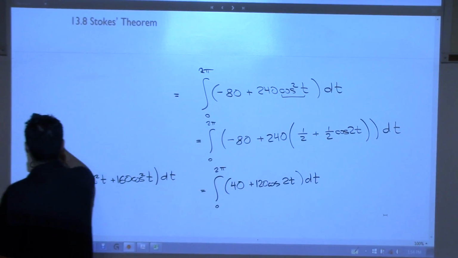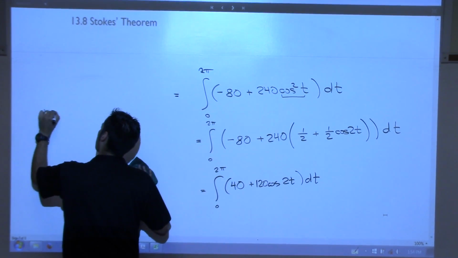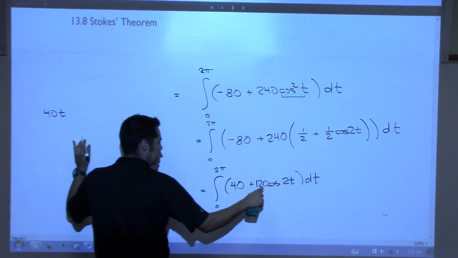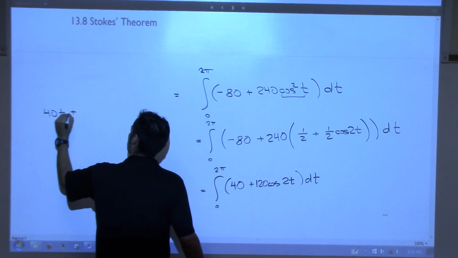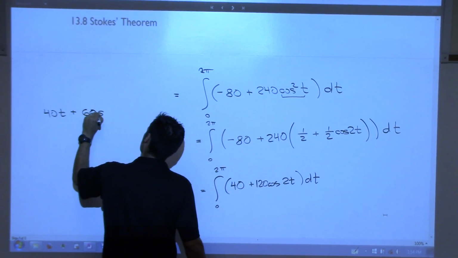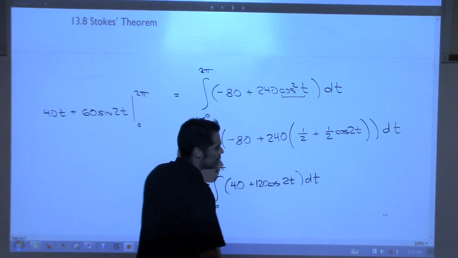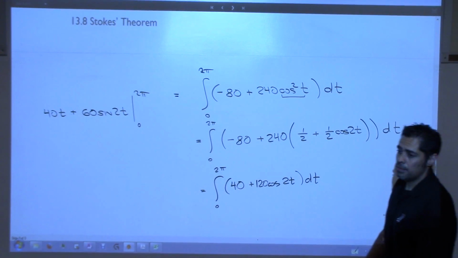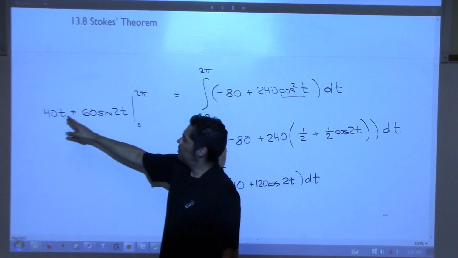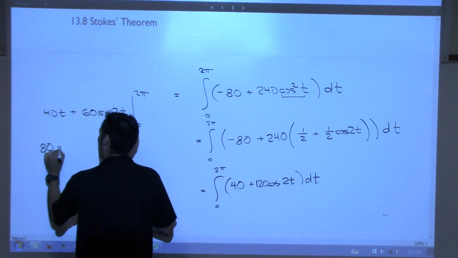Antiderivative of 40 is 40t. And then here, antiderivative, you got to do some scaling. It's going to become like 60 sine 2t, and I'm evaluating 0 to pi. When you plug in pi, you get 40 pi, or not 40t, 80 pi.